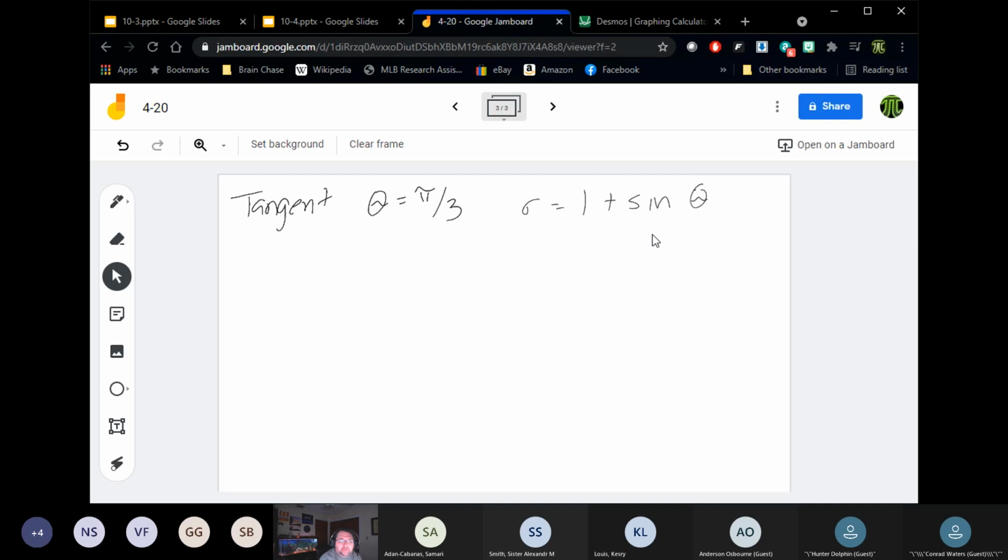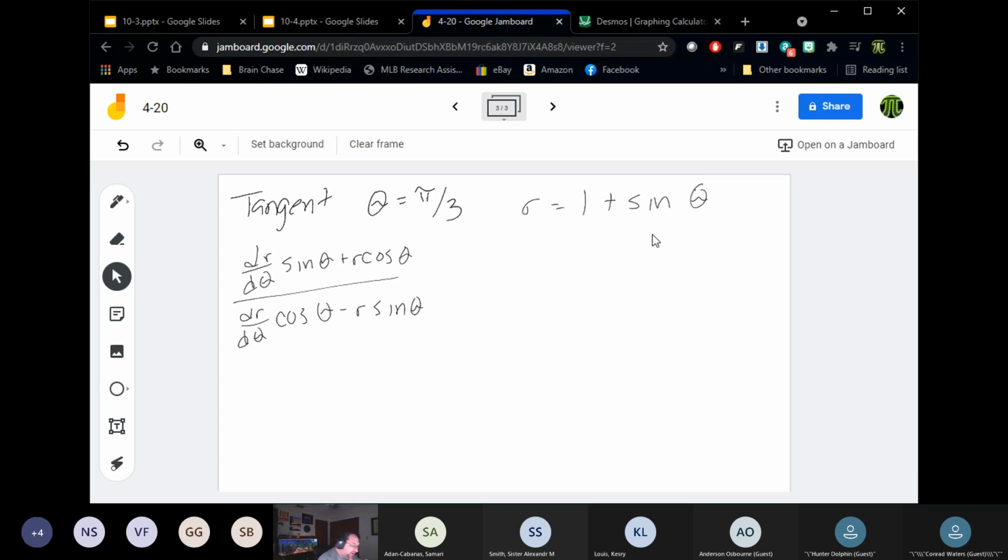So when we're looking for this, we're going to use the derivative formula. So I have dr over d theta times sine theta plus r cosine theta, over dr d theta times cosine theta minus r sine theta.